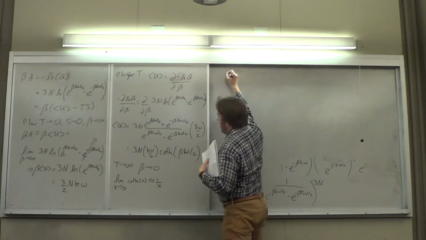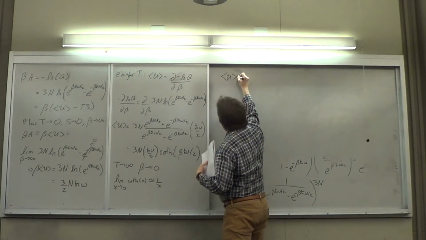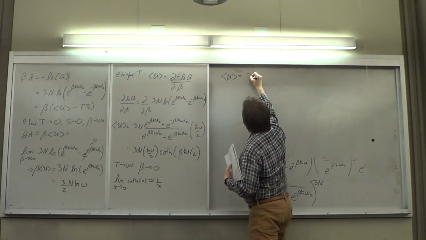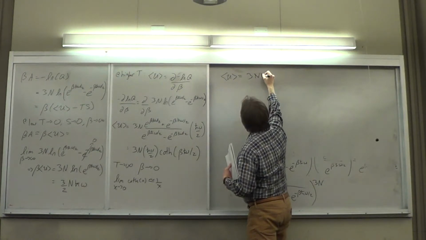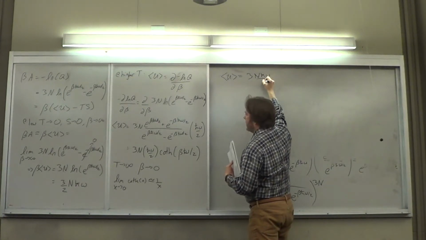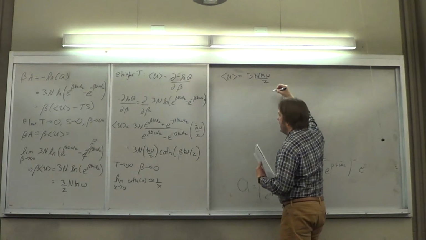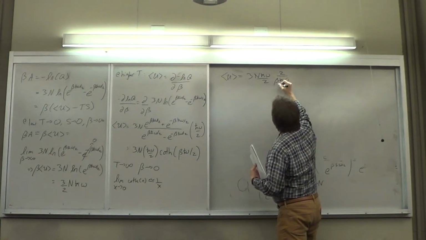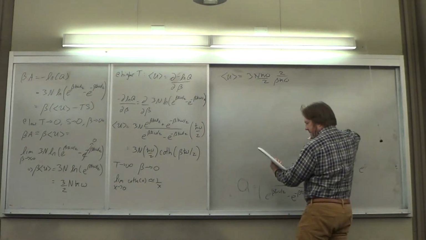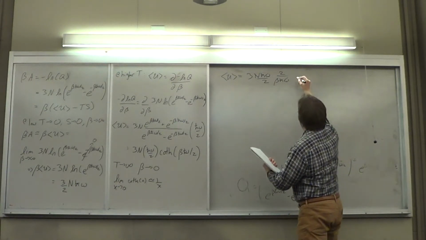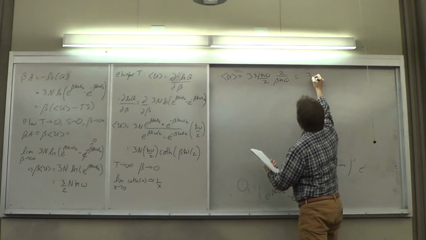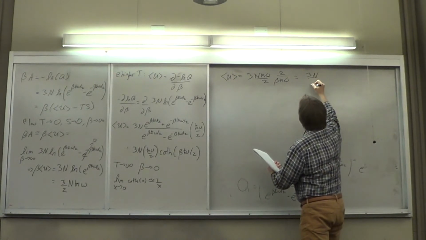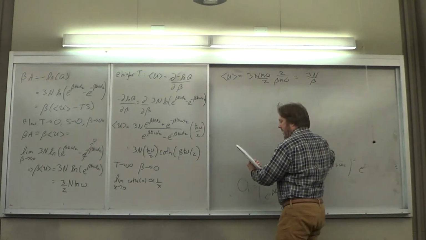Okay, so this ends up being 3N, 2 over beta. Wait, is that right? Oh yeah, 3N over beta. There you go.